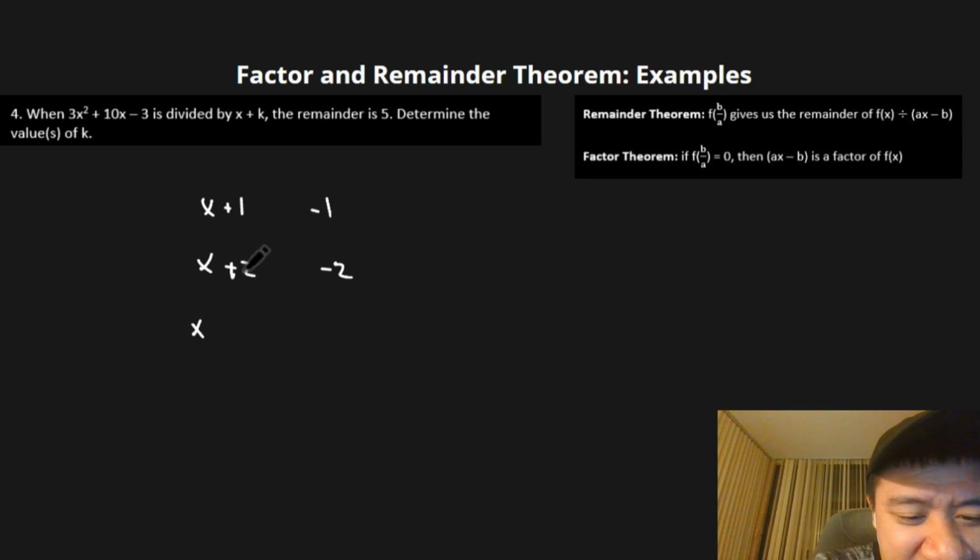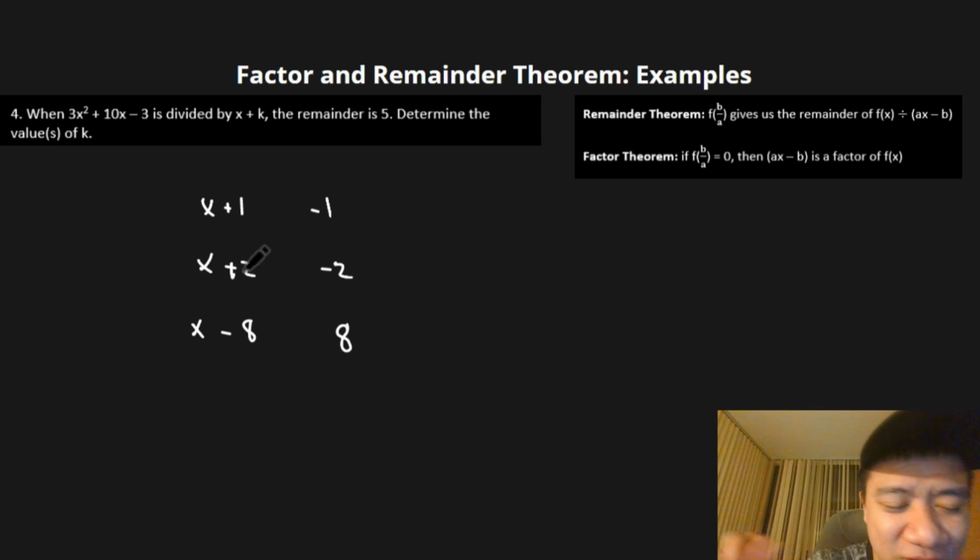If we change k to, say, 8, the corresponding number would be positive 8, and so on. So you can see a pattern between the number k and the corresponding number. It's just going to be the negative version.